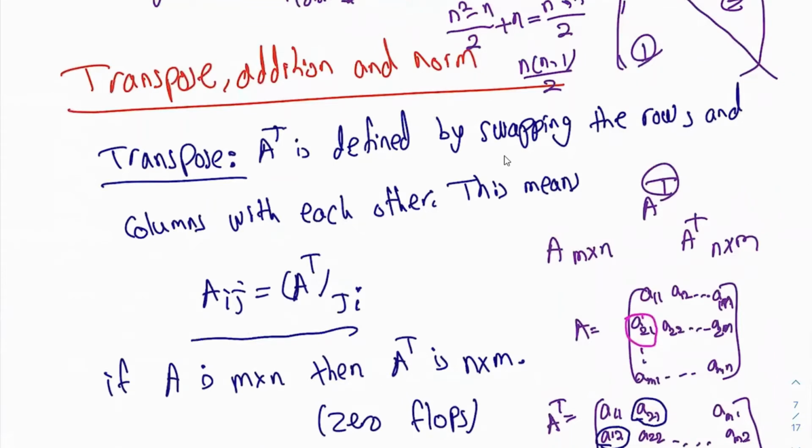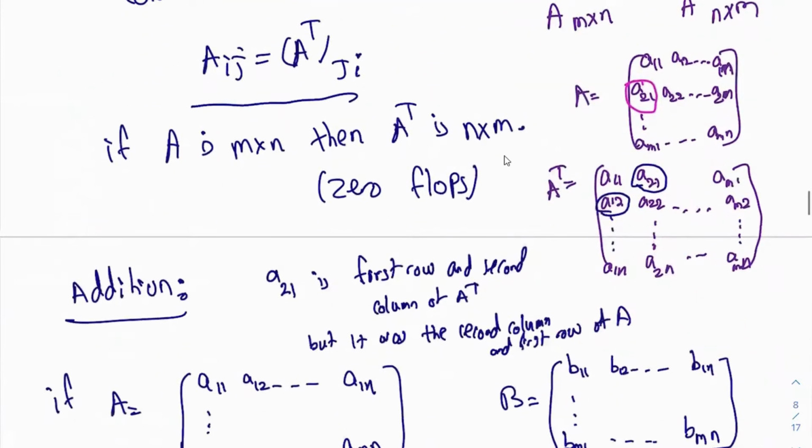All it says is that the element Aij, the ith row and jth column of A, is the element of Aji of A transpose. That's all it says, and that's what we saw here.